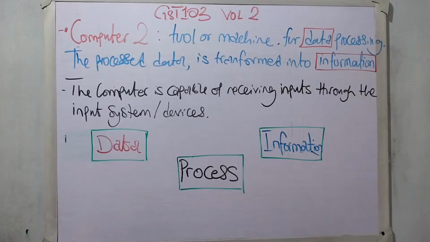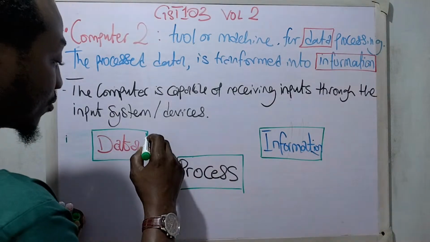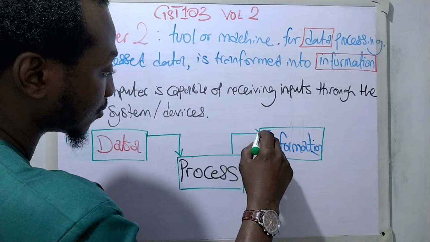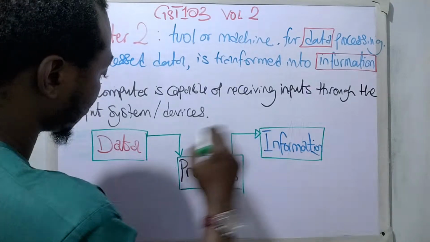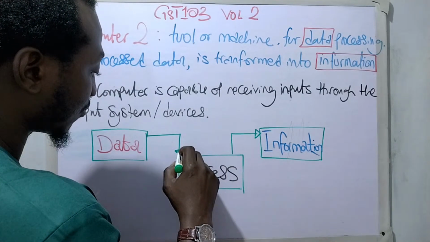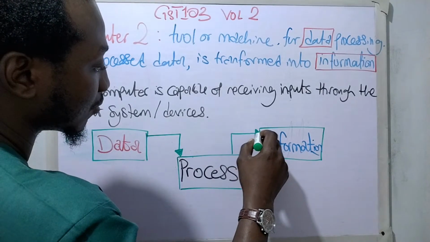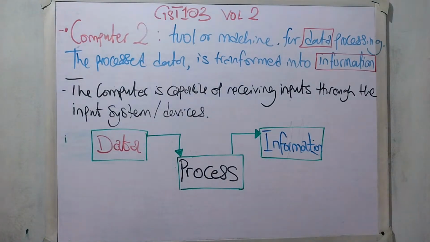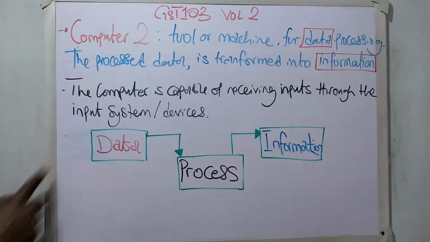So now this is a typical example of what we have been discussing. All right, a pictorial explanation using a diagram. We can have something here.